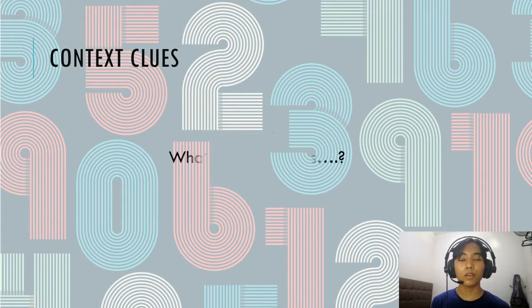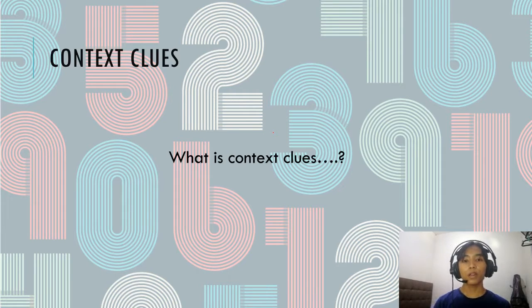Context clues are hints found within the sentence, paragraph, or passage that we, the readers, can use to understand the meaning of unfamiliar words, or words that we didn't know before. These context clues help us shorten the time to find out the meaning without using a dictionary. So, it is really helpful to understand.